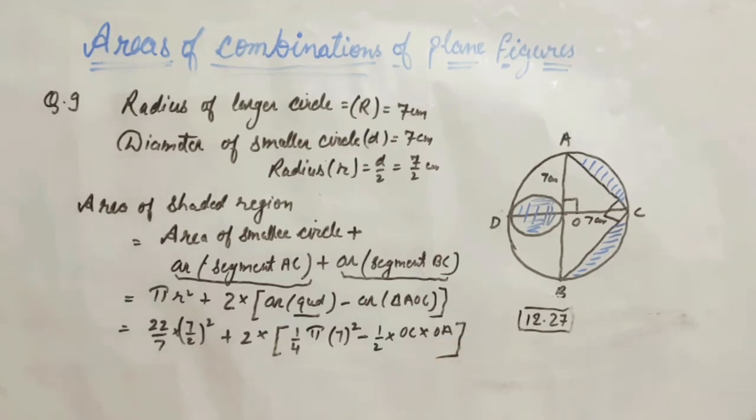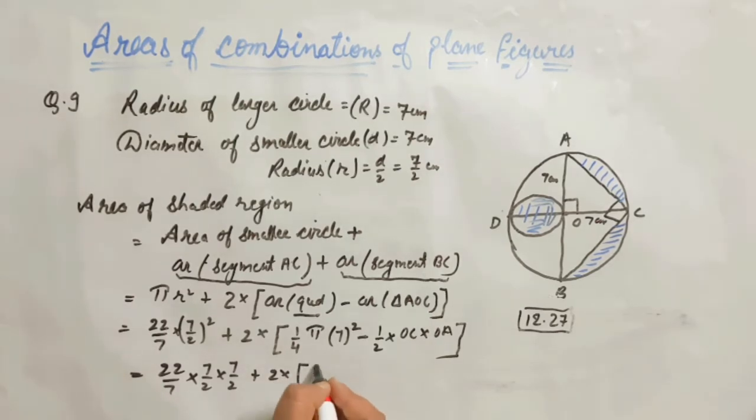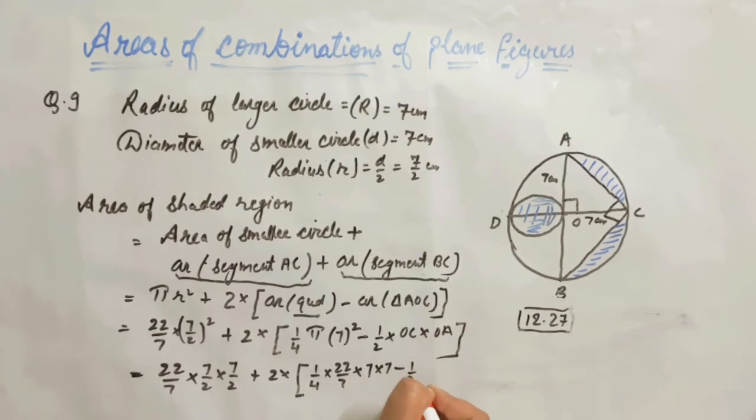This will be equals to 22 upon 7 into 7 upon 2 into 7 upon 2 plus 2 multiplied by 1 upon 4. Pi is 22 upon 7 and radius is 7, so it is 7 into 7 minus half into 7 into 7.